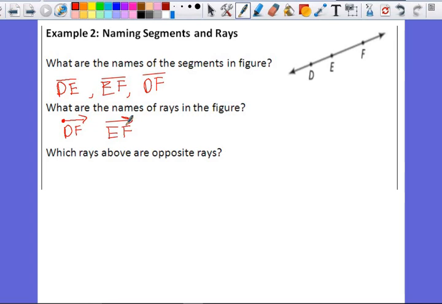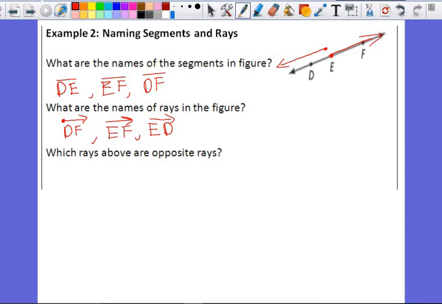If I use EF, it says I'm starting here and going that direction. I could also use ED, which means I'm starting here and going in this direction. You could also use FE or FD as well.